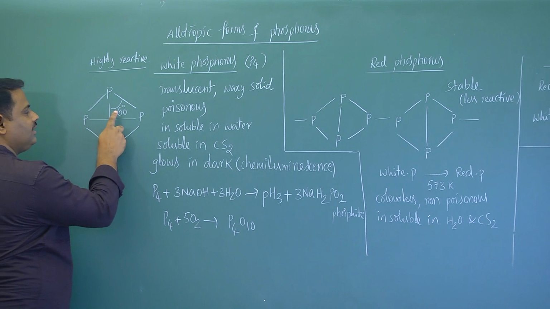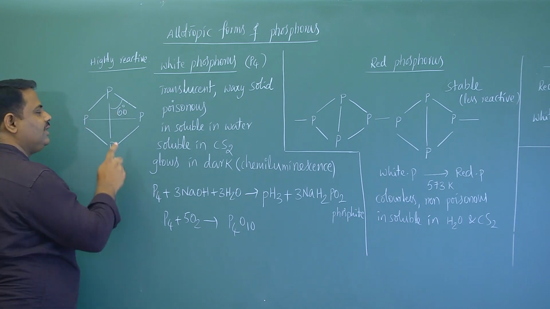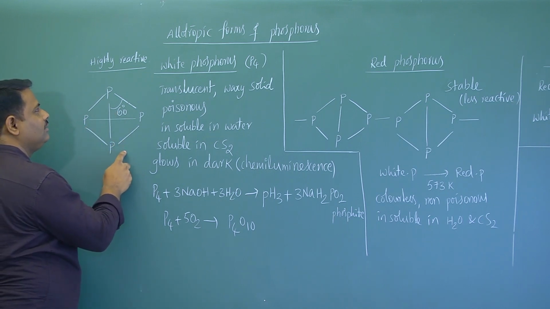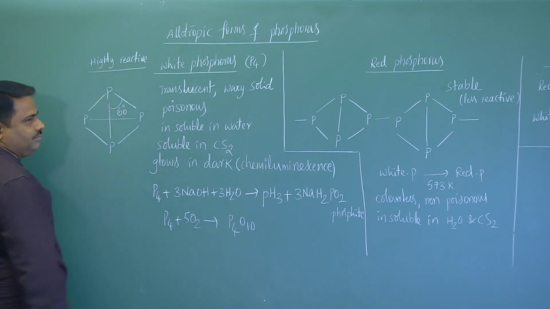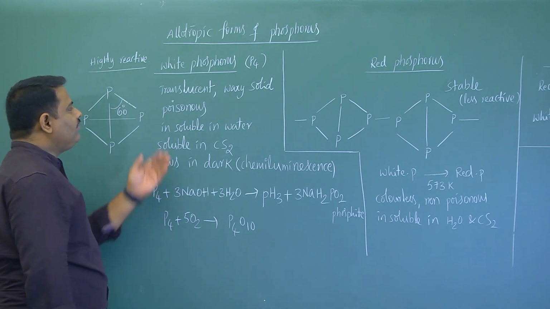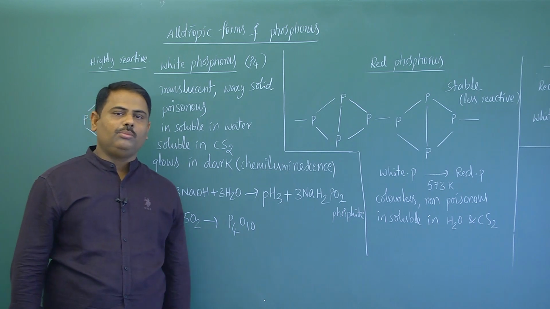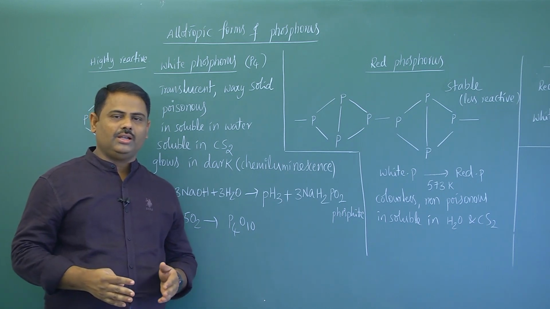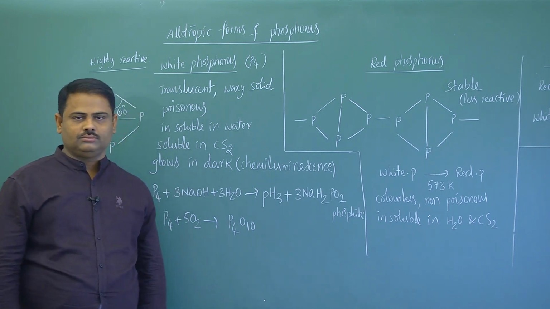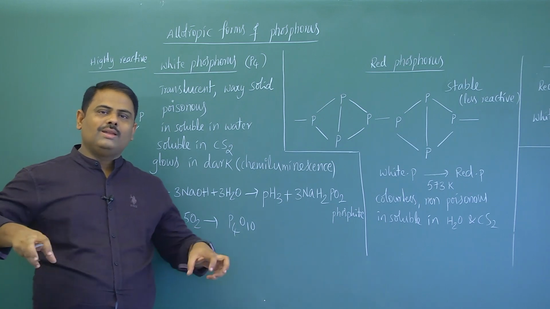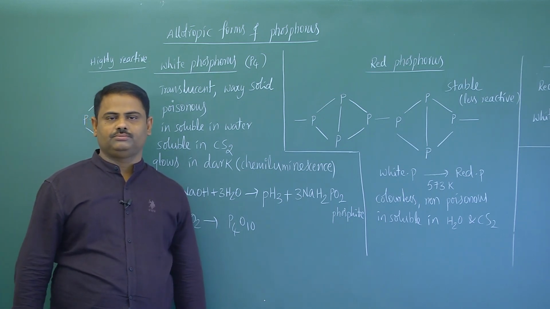Here bond angle is very less. That's why this is less stable, highly reactive. Now in white phosphorus, all the P4 units are like discrete molecules. All P4 units are separate molecules.